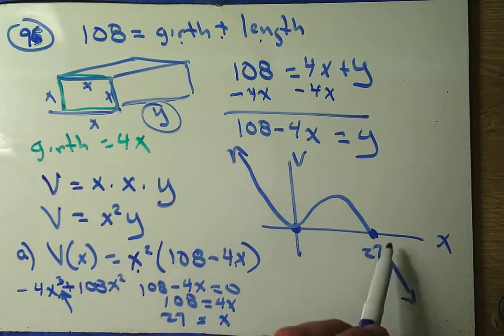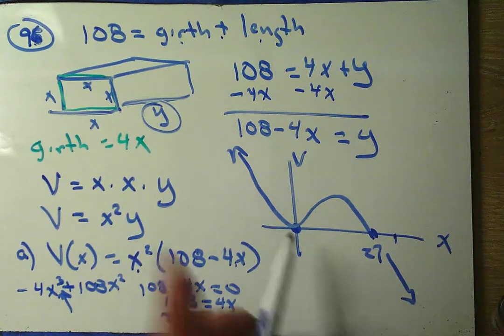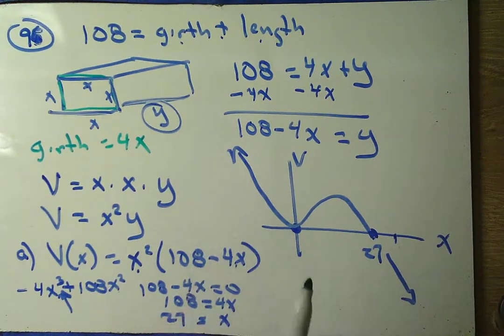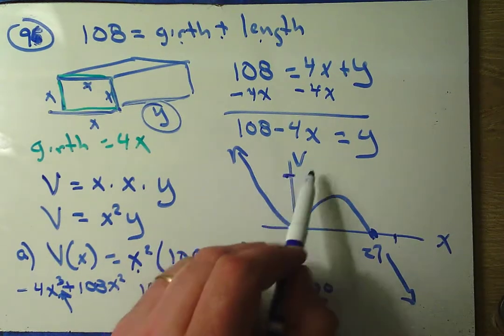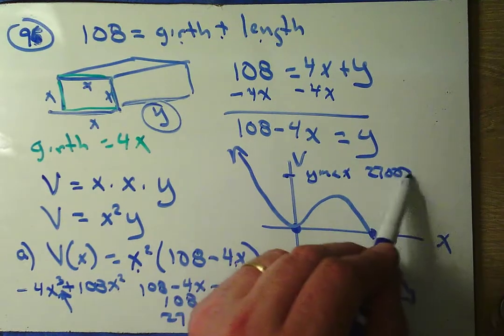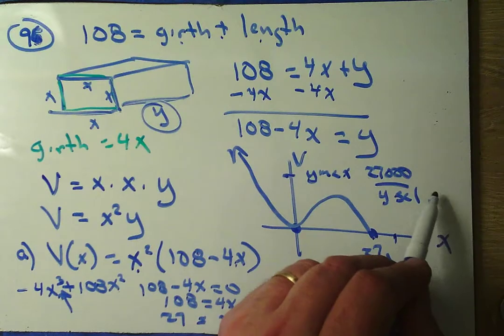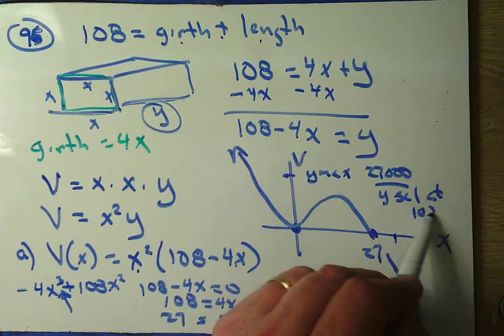If I take 30, which is nearby, and cube it, but much easier to work with than 27, 30 times 30 times 30 is 3 times 3 times 3, stick on 3 more zeros. So that's 27,000. So I'm going to set my y max at 27,000. And I'm going to set my y scale at 1,000.